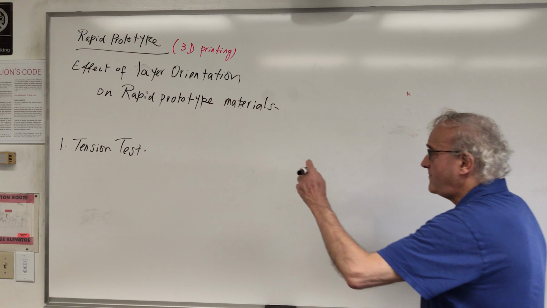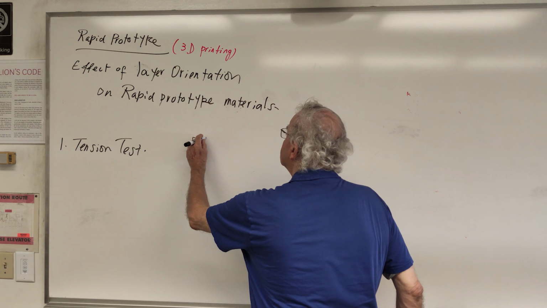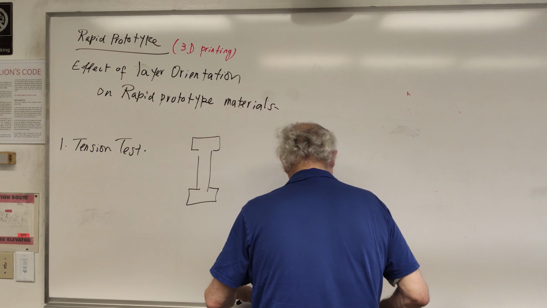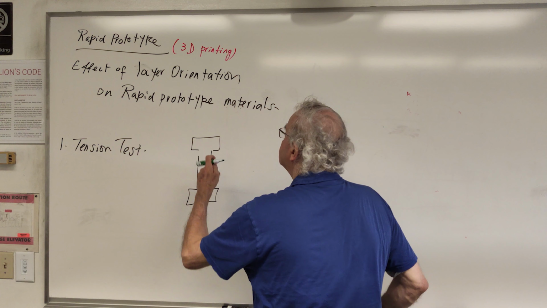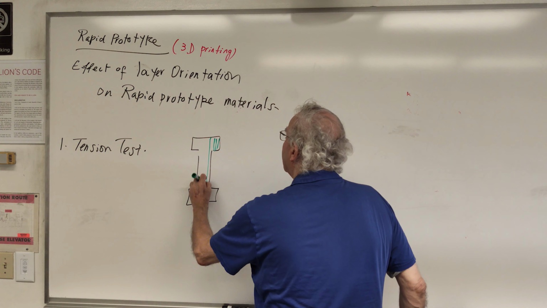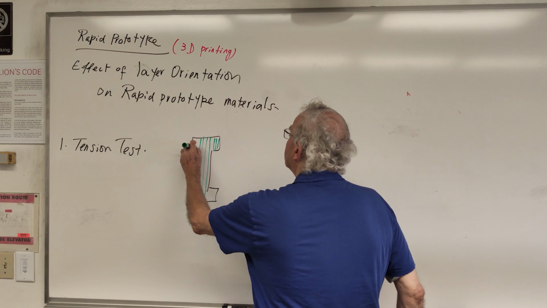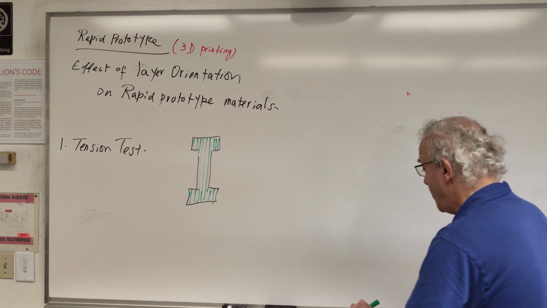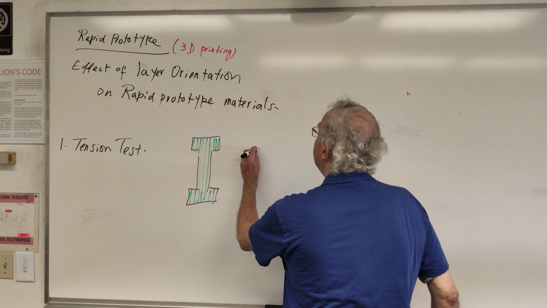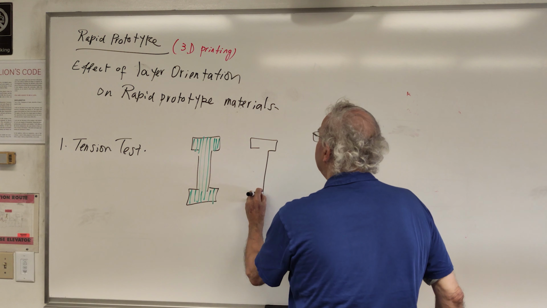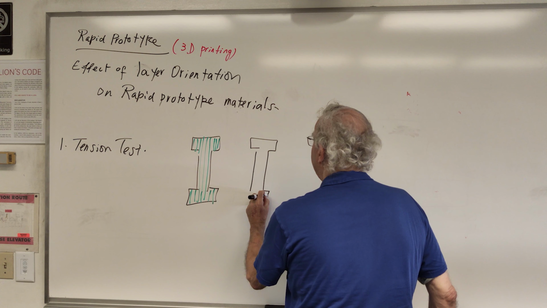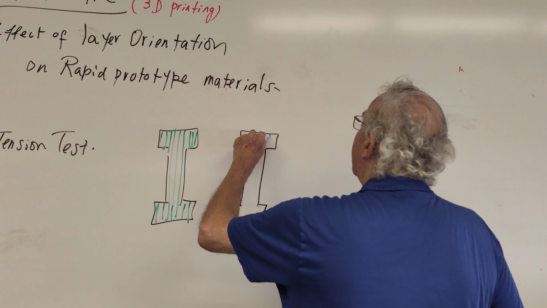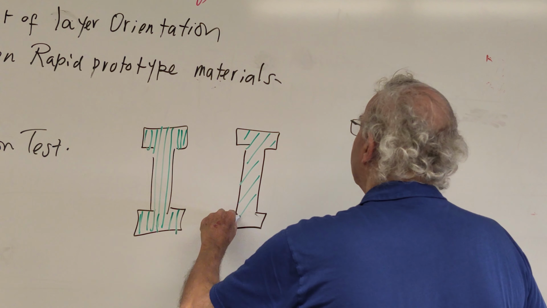Now, if my sample looks like this, I can print the sample such that the layers are parallel to the length of the sample. Or I can print them in a way, like many companies do, at plus or minus 45 degrees.